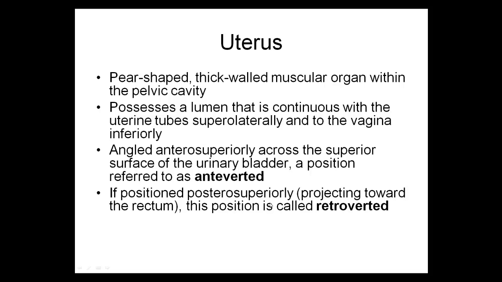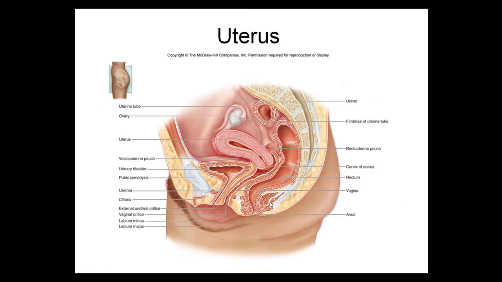The uterus generally is angled anteriorly. I think we have a picture here. Here we go. So it's generally angled anteriorly. We call that anteroverted. In about 10 to 20% of girls or women, the uterus is pointing posteriorly, and that is called retroverted.